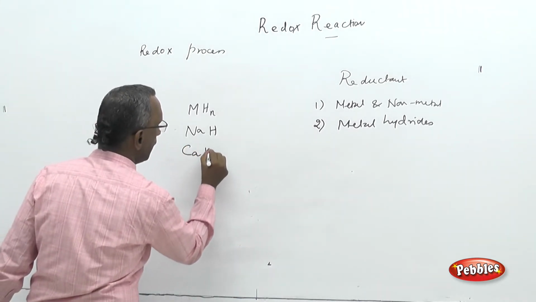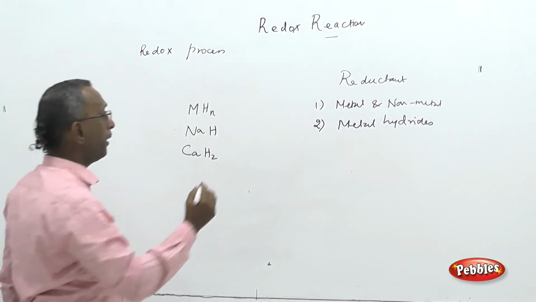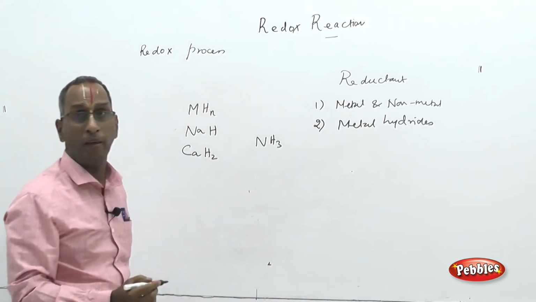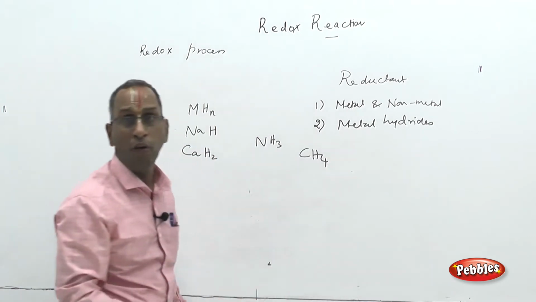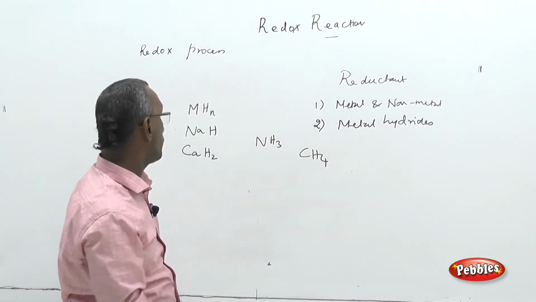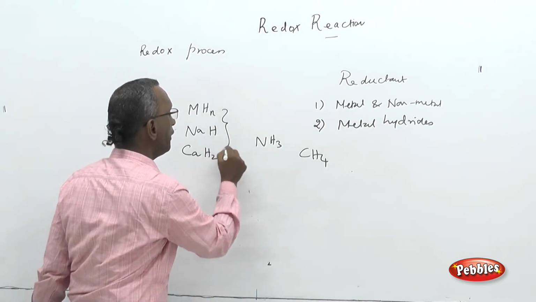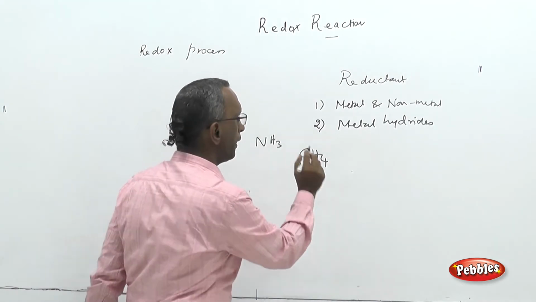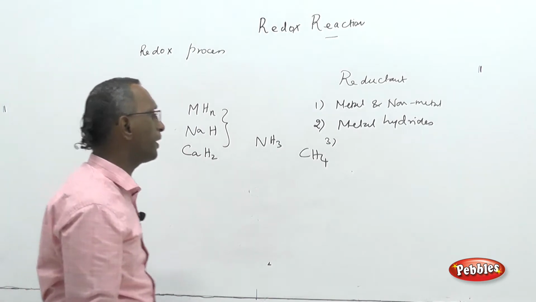CaH2, calcium hydride, calcium has a valency of 2. Ammonia, nitrogen has a valency of 3. Methane, carbon has a valency of 4. These are hydrides, both metal hydrides and non-metal hydrides. Metal hydrides are more effective. Non-metal hydrides are also used in certain cases as reducing agents. So preferentially used ones are metal hydrides.